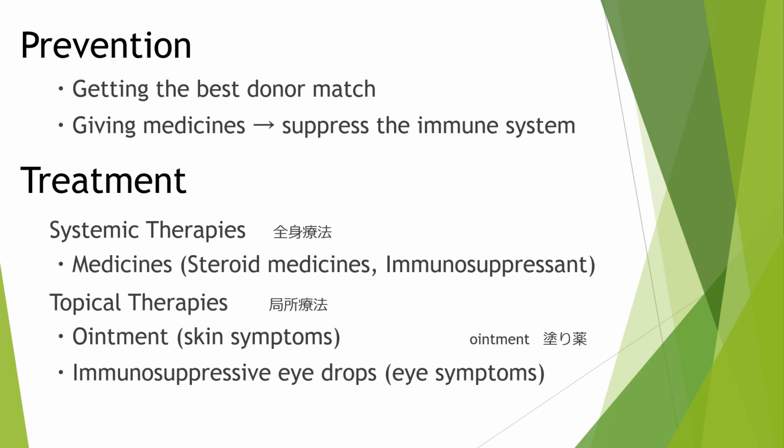In addition to this therapy, patients can often be treated with topical therapies. For example, skin GVHD may be treated with steroid ointment, and cases of ocular GVHD may be treated with immunosuppressive eye drops.